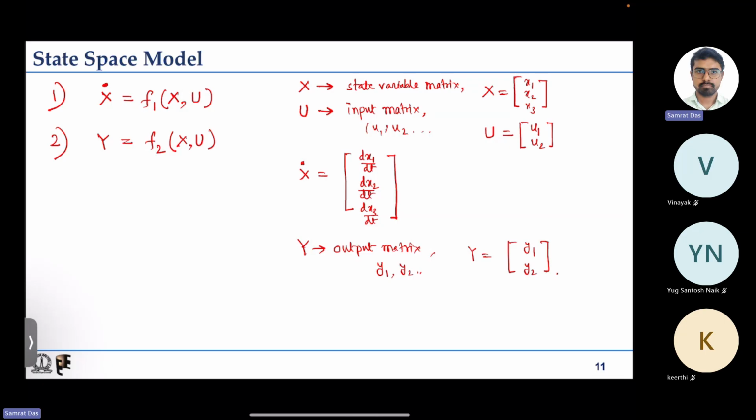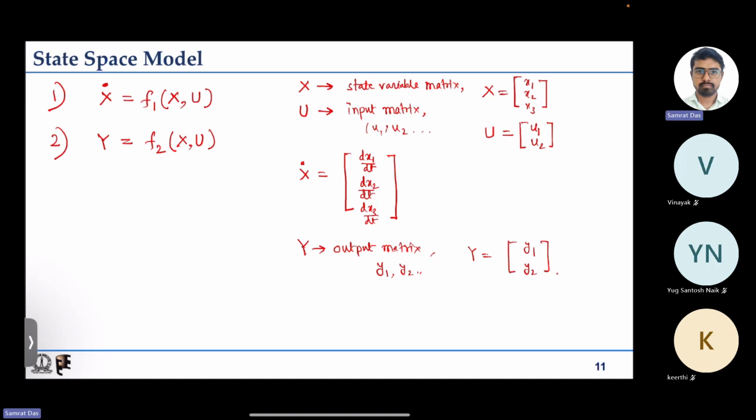So there are different types of mathematics and control theory developed around this state space model, and also control techniques like linear state feedback. You feed back some state, and based on that you design some controller. Also there are things like controllability and observability.